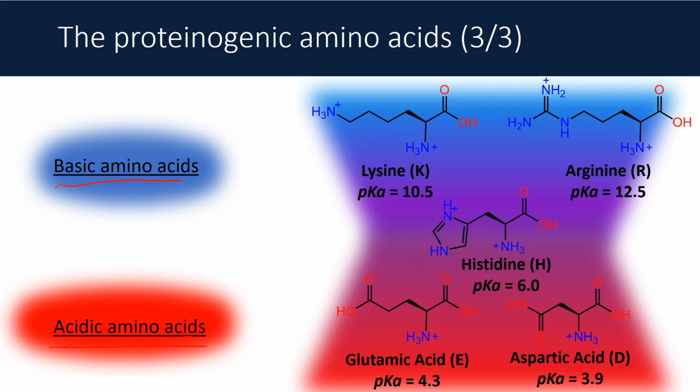So let's talk about our basic amino acids. These all contain nitrogen in their groups. We've got lysine, arginine, and histidine. Histidine is a little weird. Let's put a pin in that and focus on lysine, for example.